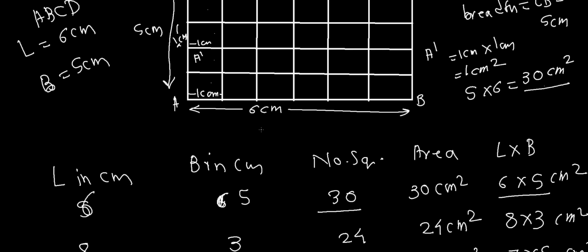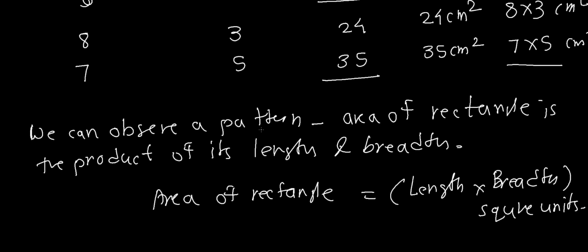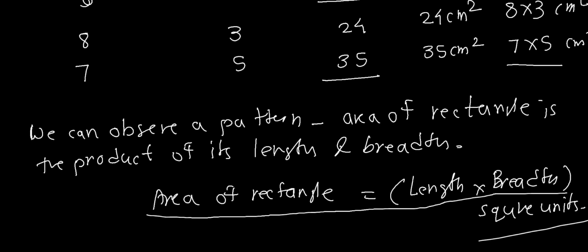So we got the generalization and the pattern, which is represented by this formula: area of rectangle equals length into breadth square units.